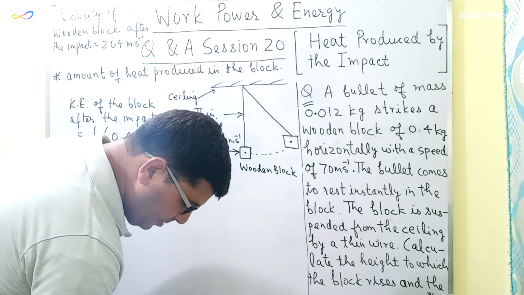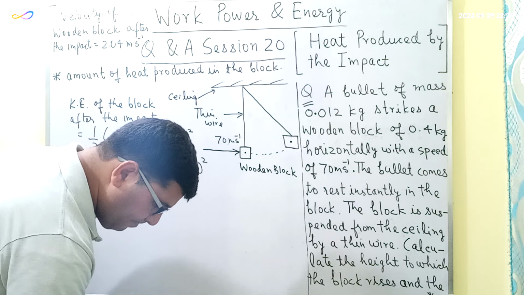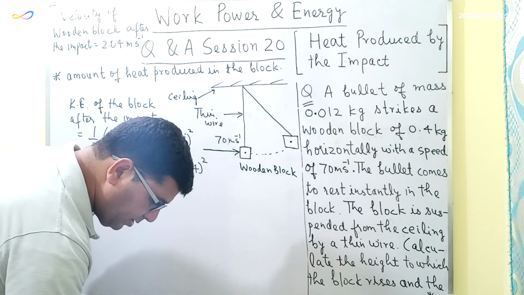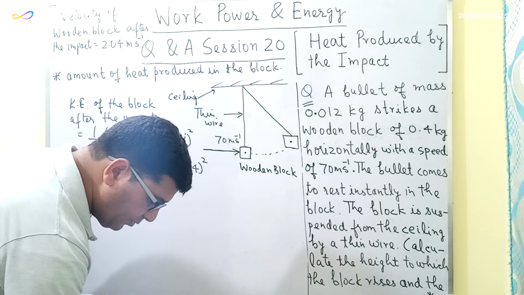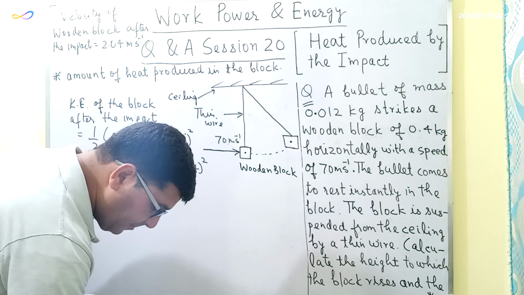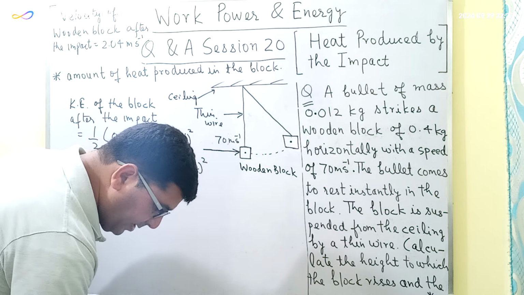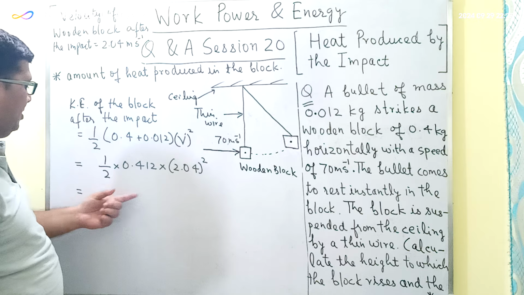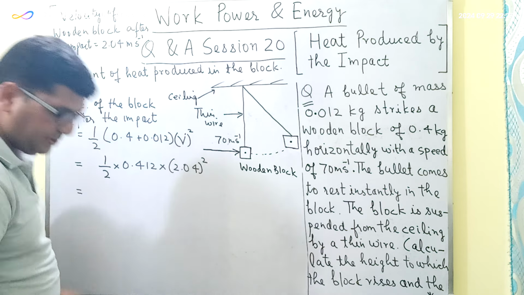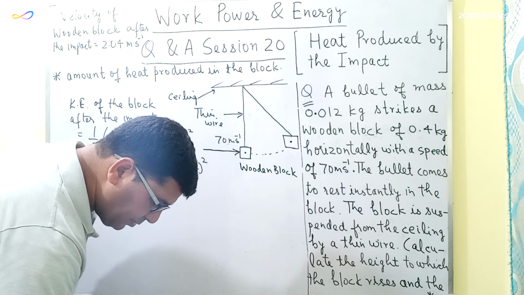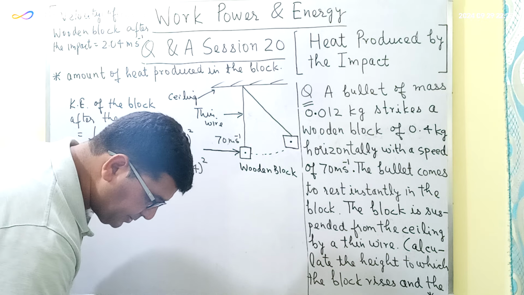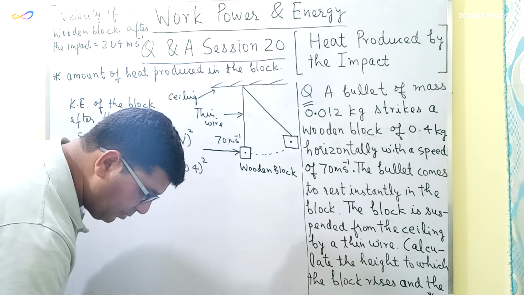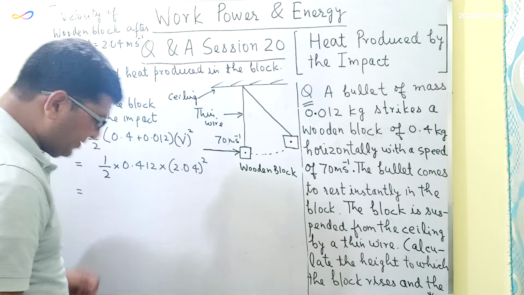So this is equal to 2.04 into 2.04 into 0.412 divided by 2, which is equal to 0.857 joules.